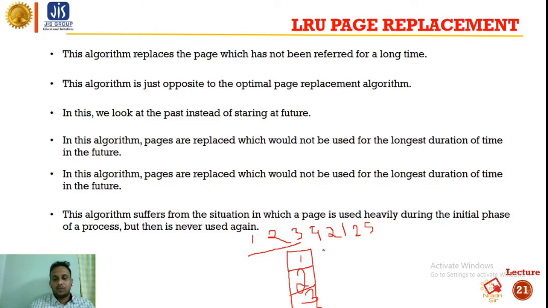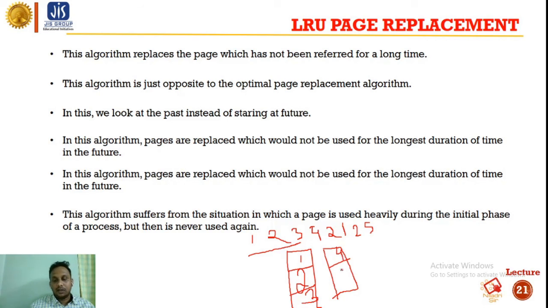Okay, so now 4 will be replaced. Between 1, 2 and 3, which has been used first? As you can see, 3 has been used after 2. 3 is the latest, 2 is used before 3 but after 1. So it is newer than 1 but older than 3, and 1 is the oldest. So 4 will be replaced with 1.